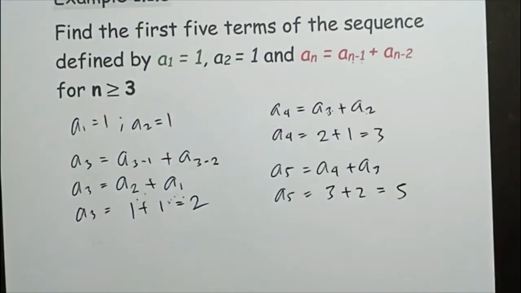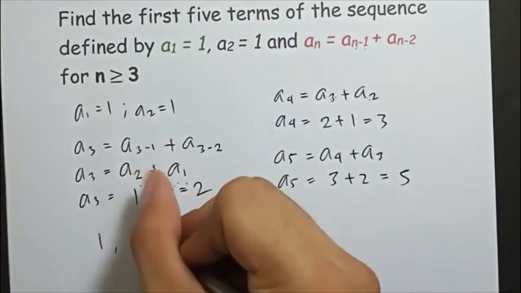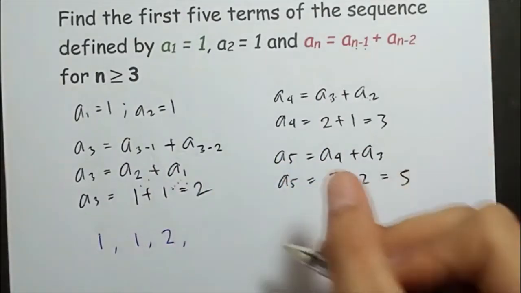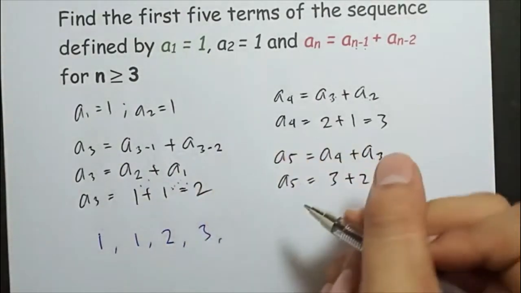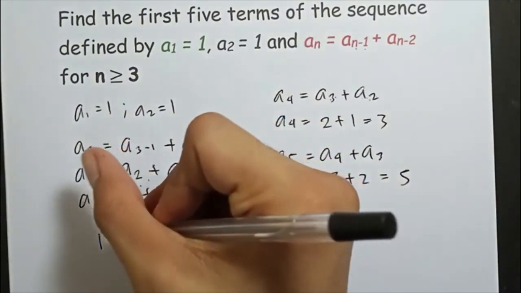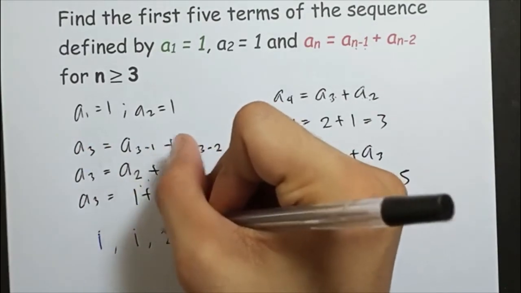Tignan natin para makita nyo maigi. First term is 1. Second term is 1 pa rin. Third term is 2. Fourth term is 3. Fifth term is 5. So, in this, you can see na yung first term at second term, pag pinag-add mo, lalabas si 2.